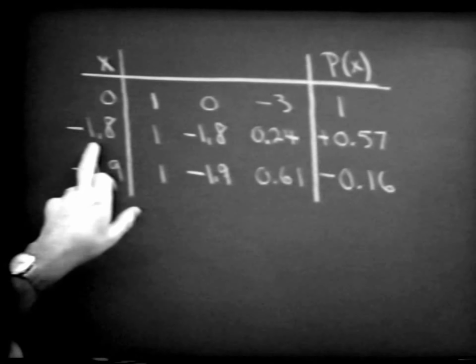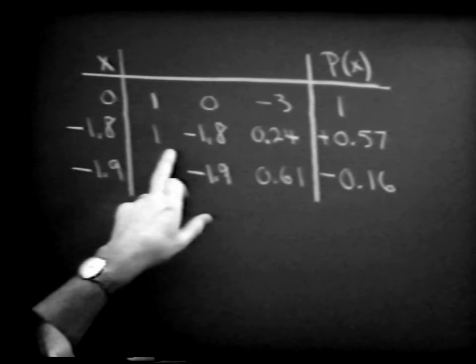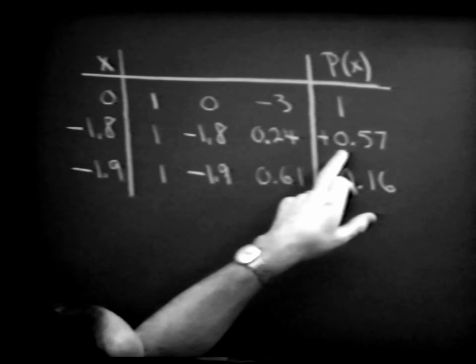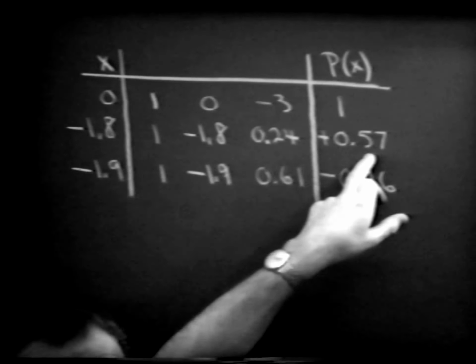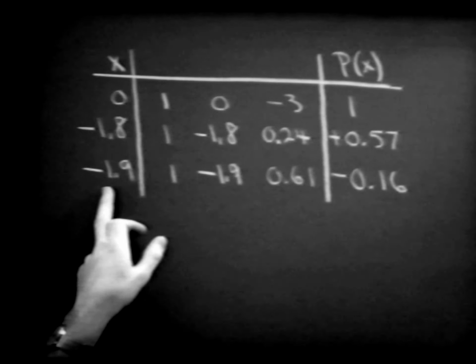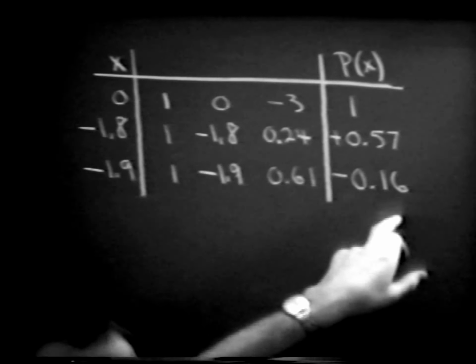And notice that the arithmetic is getting a little bit messy here. I took values, say, at -1.8. And going through our synthetic substitution process, notice that p of -1.8 is 0.57. And then I took a value of -1.9. And p of -1.9 is -0.16.